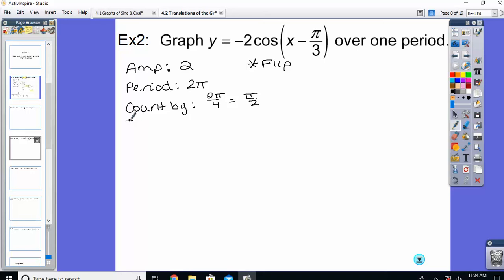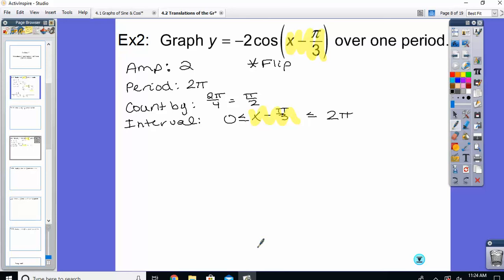Always, yeah. And the next piece we need is the angle. So I will start it at 0, less than or equal to my angle, x minus pi over 3, less than or equal to 2π. It's always just going to be this argument, or angle, between 0 and 2π.